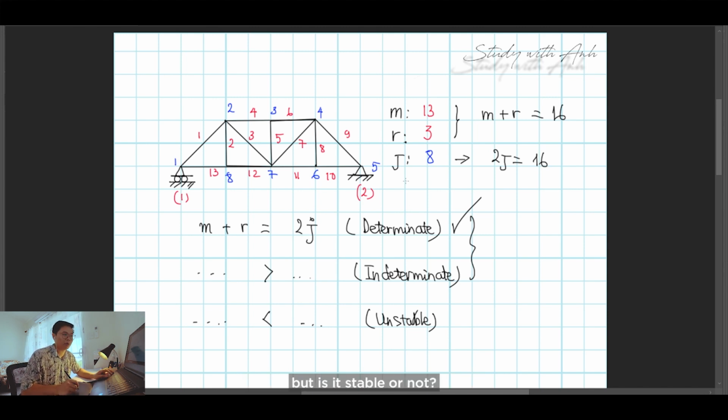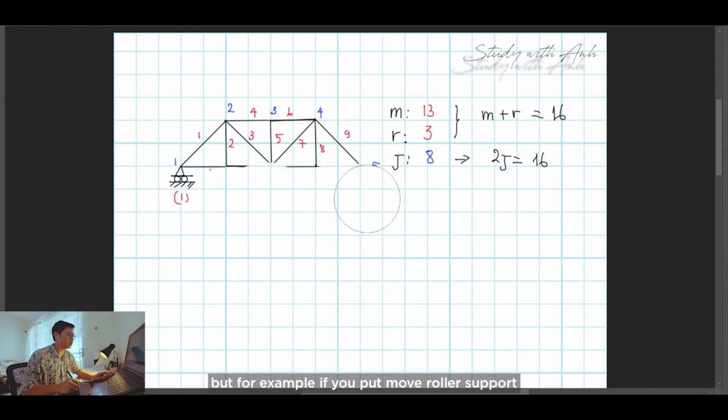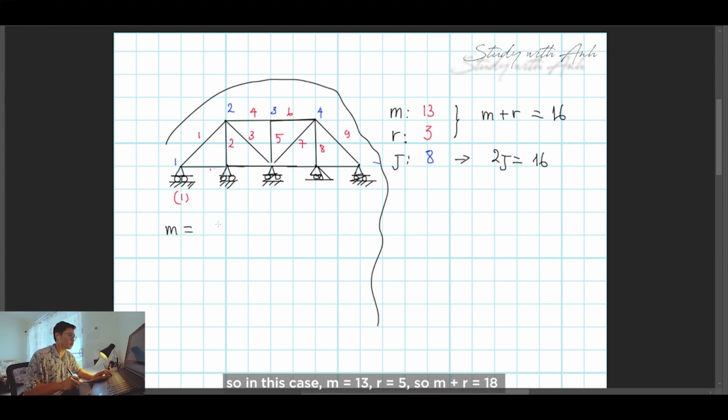But is it stable or not? It is stable. That's just a rule of thumb, because it could move. If you apply a force in here or whatever, it won't move. It is stable. But for example, if you put in more roller supports, in this case M equals 13, right? But R equals 1, 2, 3, 4, 5.